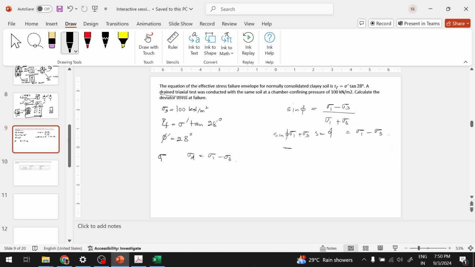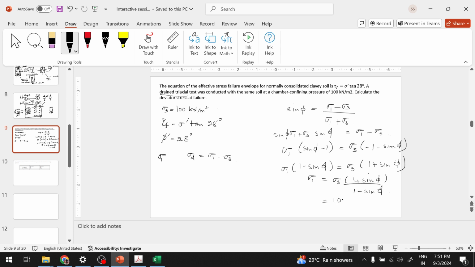So we can write sigma 1 times (sine phi minus 1) equals sigma 3 times (minus 1 minus sine phi), or sigma 1 (1 minus sine phi) equals sigma 3 (1 plus sine phi), or sigma 1 equals sigma 3 times 1 plus sine phi over 1 minus sine phi.